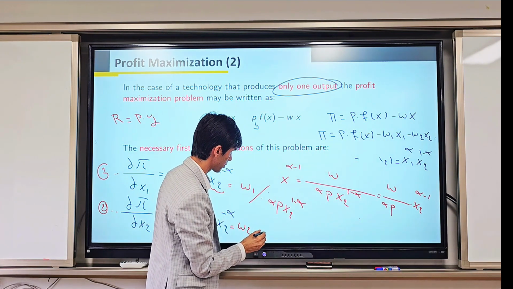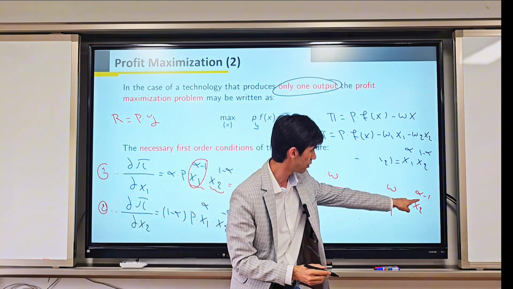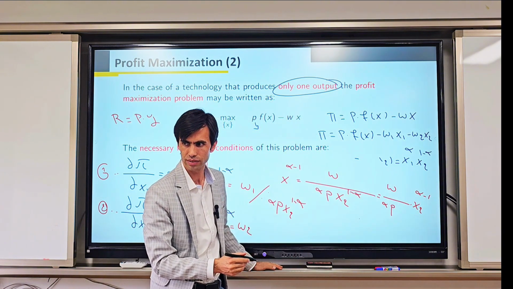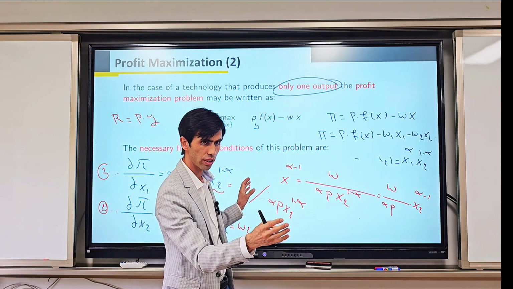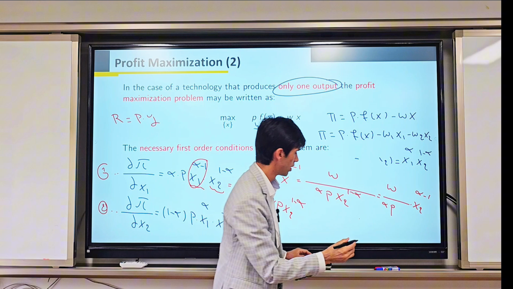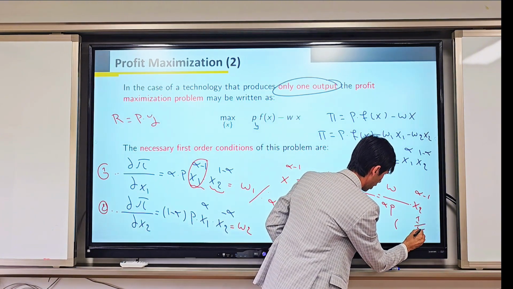So now, we have alpha minus 1 here, and we have alpha minus 1 here. So what we can do is raise both sides of the terms to the power of 1 divided by 1 minus alpha.